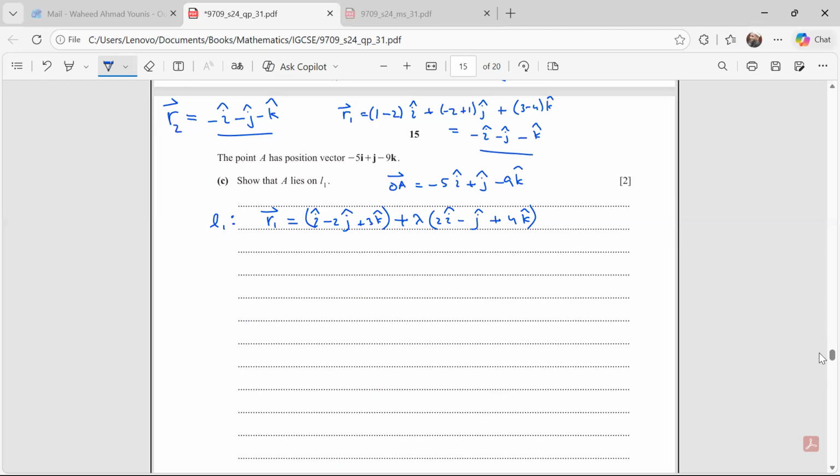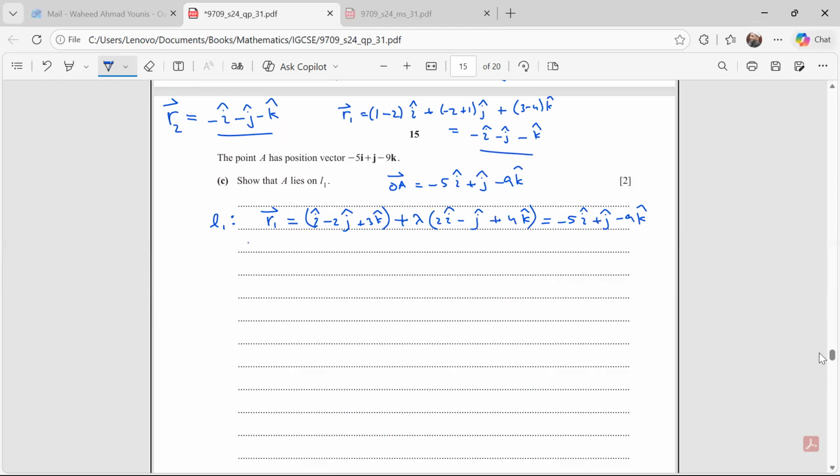So for some value of lambda, this position vector will be equal to OA, right? So let's say this is equal to minus 5i plus j and minus 9k. Let's try to solve this for the value of lambda.